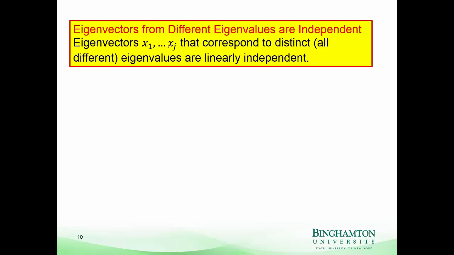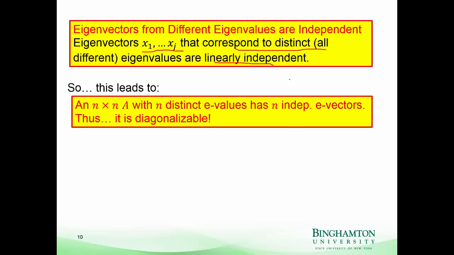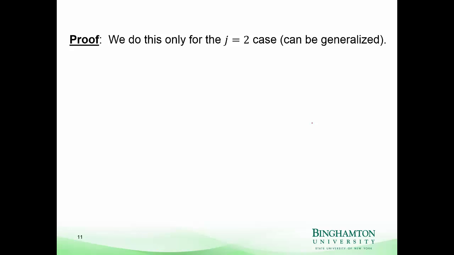So the eigenvectors x1 through xj that correspond to distinct eigenvalues are linearly independent. The black ink just says the same thing that the red ink says in a different way. And so what that leads to is that an n by n matrix A with n distinct eigenvalues, that's the important point, has n independent eigenvectors, and thus it is diagonalizable.